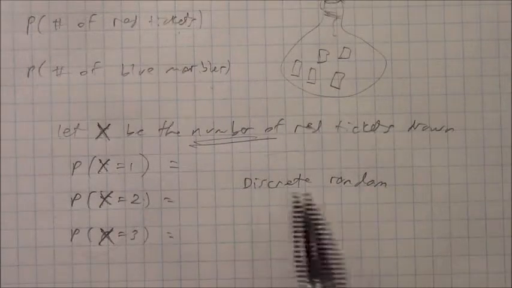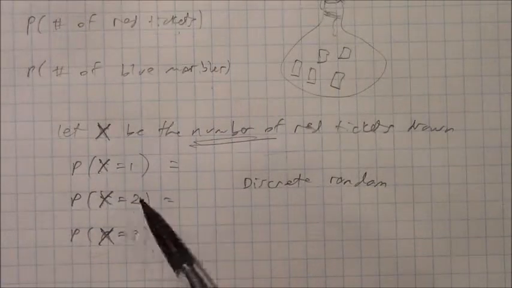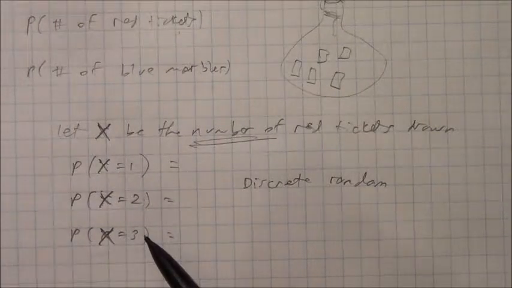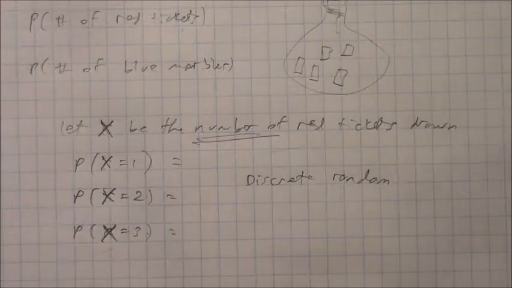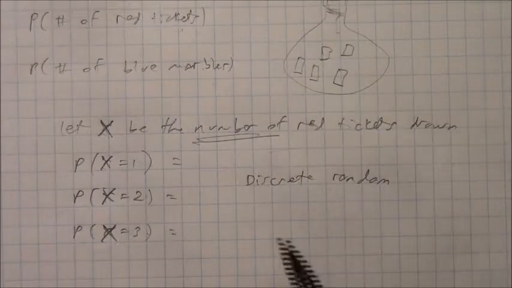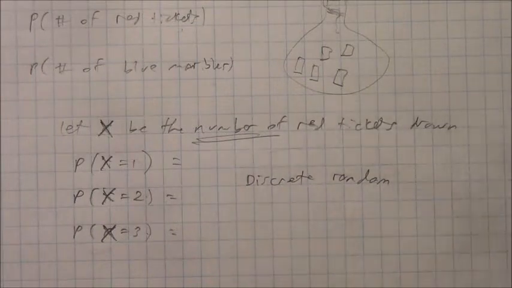So a discrete random variable is when the variable can only take on integer values, positive integer values. So if we're talking about, say, the number of houses in a neighborhood that gets struck by lightning, well, the number of means it's going to be a discrete random variable. It's either going to be a house that gets struck or not. It's not going to be like 1.5 houses, for example.